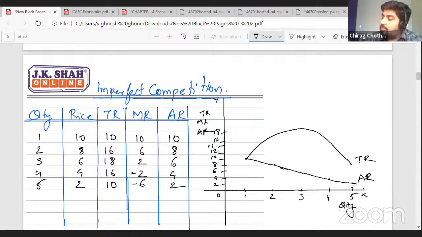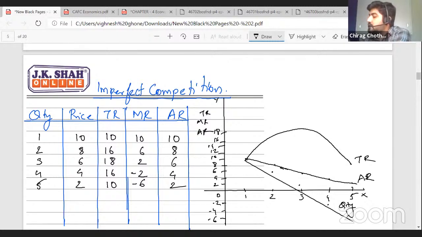Similarly, if I want to draw MR curve, at 1 it is 10, at 2 it will be 6, then at 3 it will be 2, at 4 it will be minus 2. So here we have, let's suppose, minus 2, minus 4, and minus 6. So MR curve will be downward sloping, but it will also become negative, right?